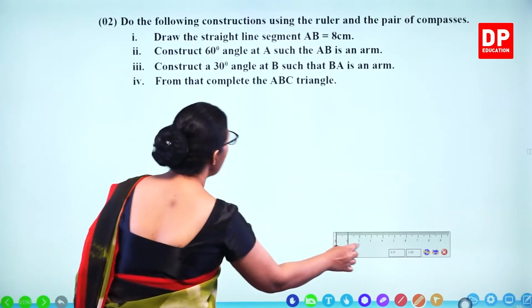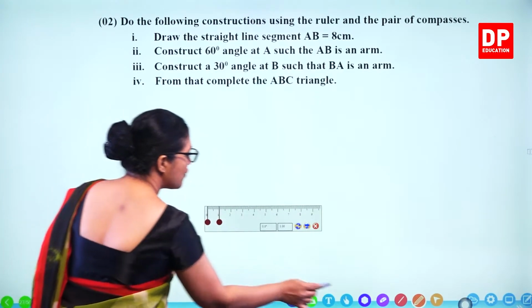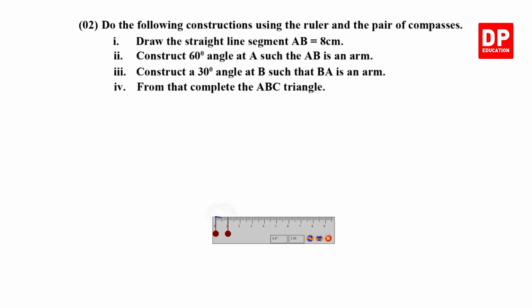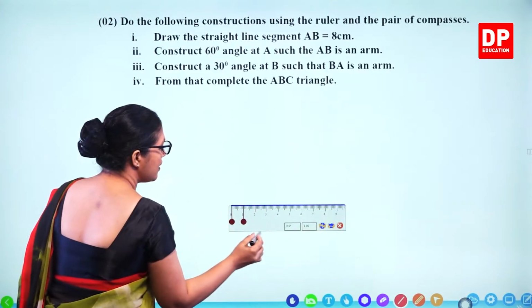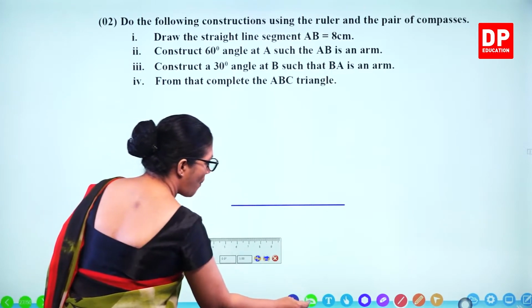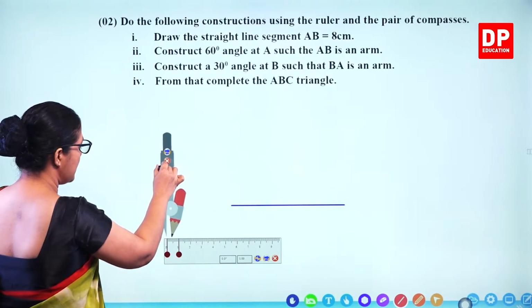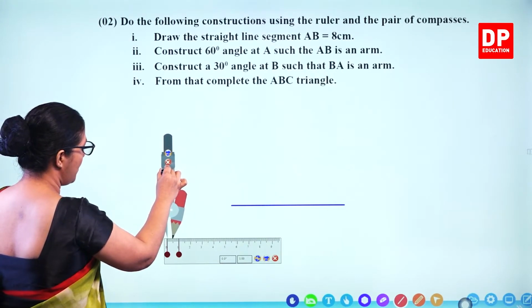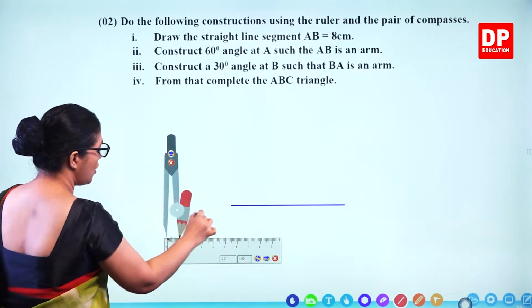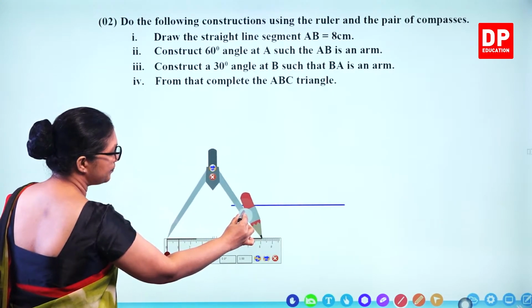So, what you do? You take the ruler, first you draw a line. Then you can take the compass and you have to measure 8 centimeter length. So, you keep it on top of the ruler and measure 8 centimeter length.